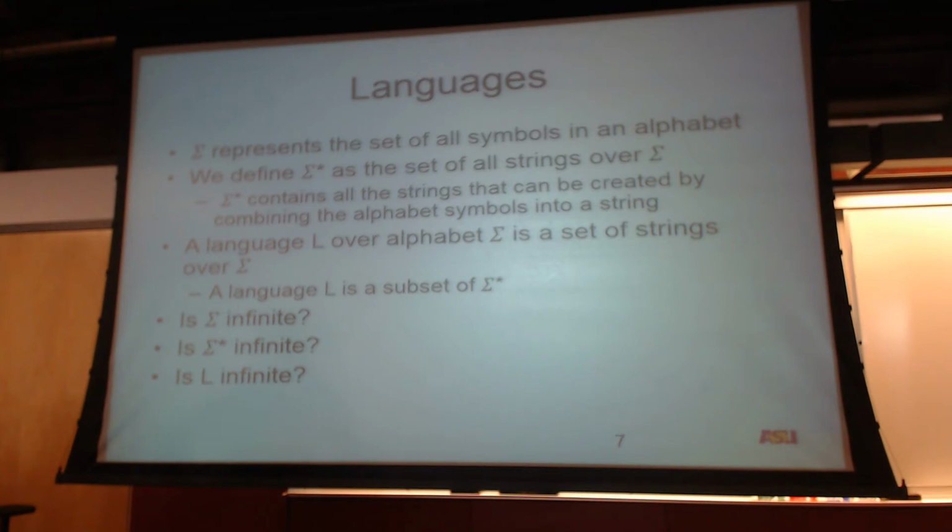Do you know about that concept? Is the set of real numbers countably infinite or uncountably infinite? It's uncountably infinite. The set of natural numbers is a subset of the set of real numbers, right? It's still infinite, but it's countably infinite.